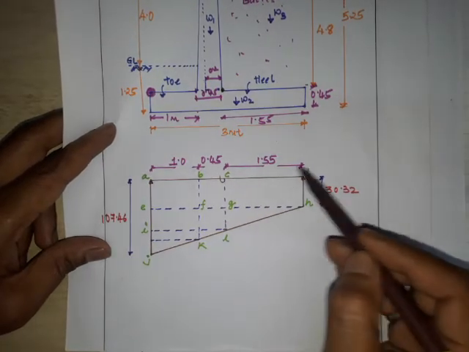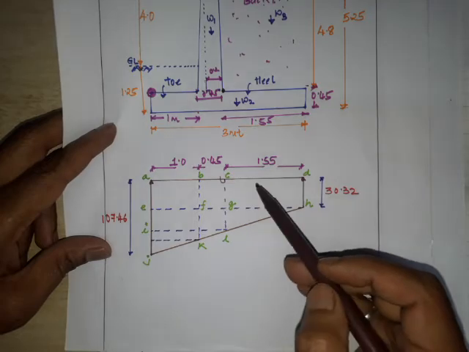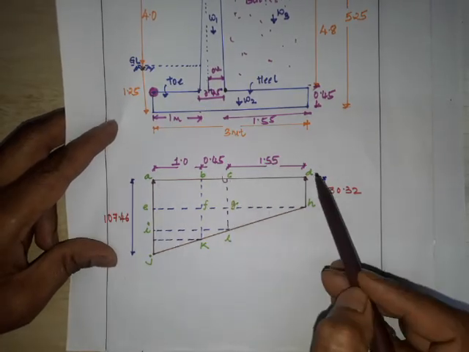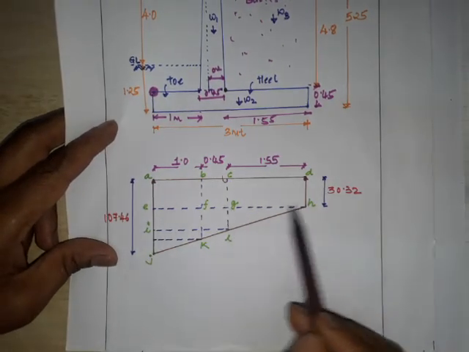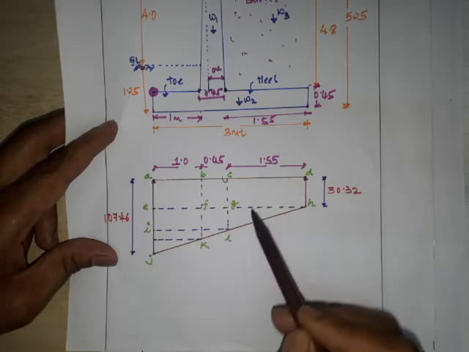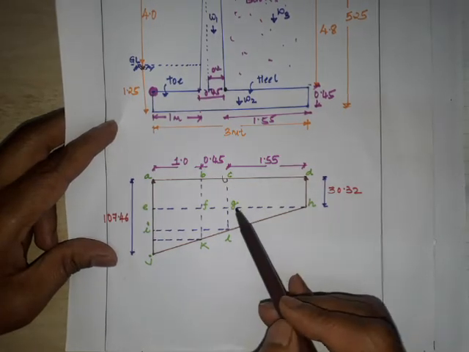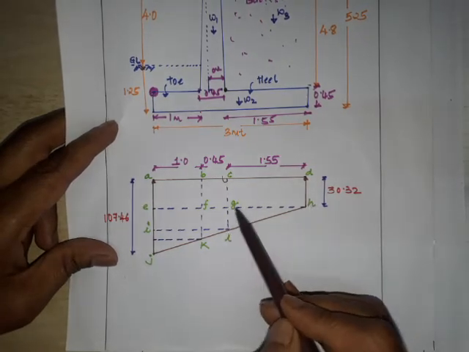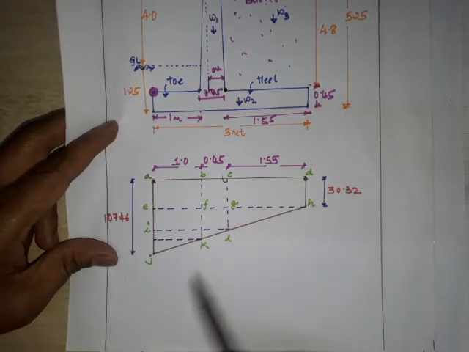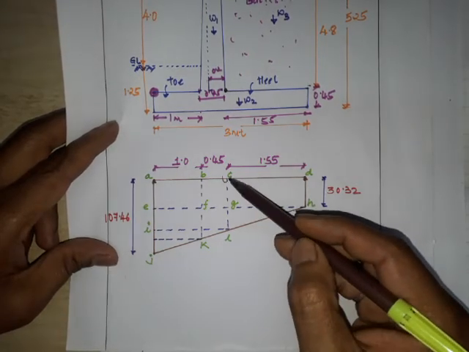This is nomenclature you can give as per your convenience. I have given A, B, C, D, E, F, G, H, J, K, L. So that is CD, GH and GHL. So we have to find out this height now.